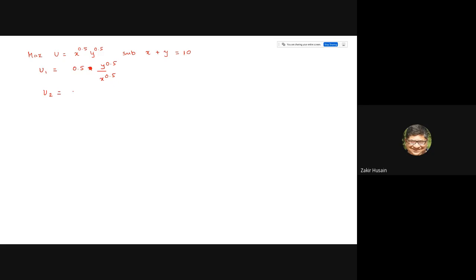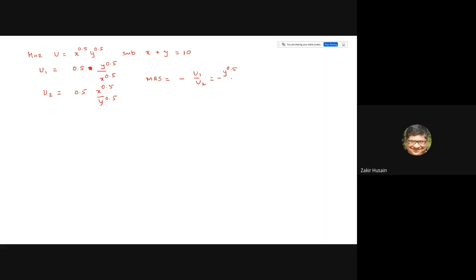I don't think that's the answer. No, sir. x to the power 0.5 into 0.5 into y to the power minus 0.5. এইটাই তো? আচ্ছা so what is MRS? So u1 by u2. তাহলে এখানে কি হবে? 0.5টা কেটে যাচ্ছে। আচ্ছা তাহলে এটা হচ্ছে minus y by x.